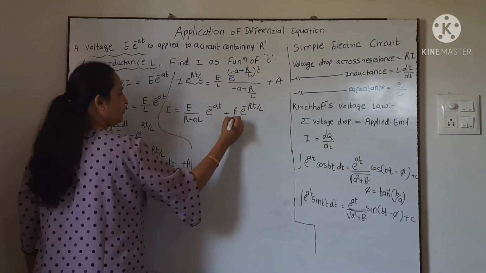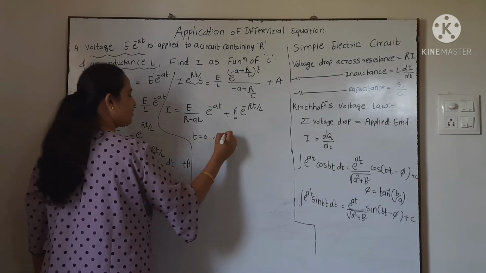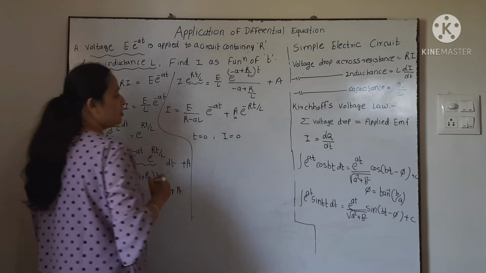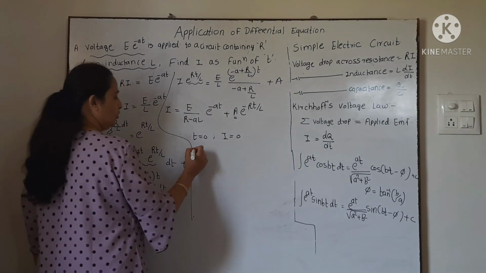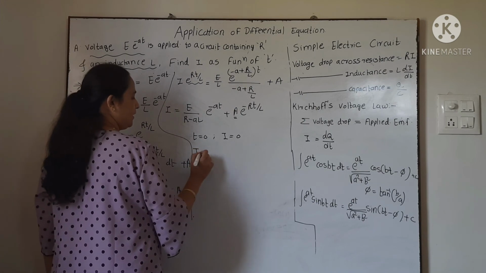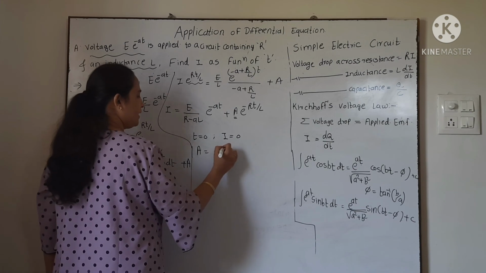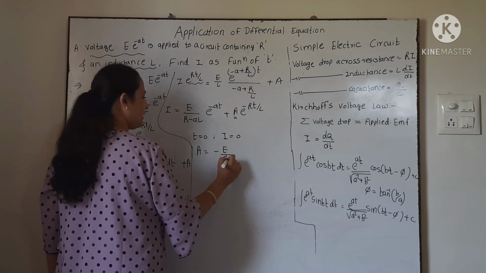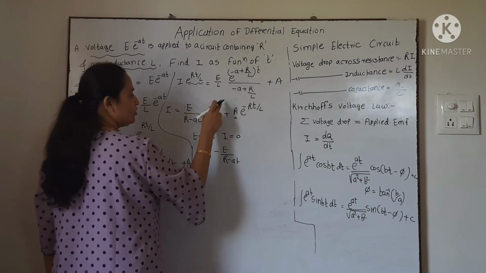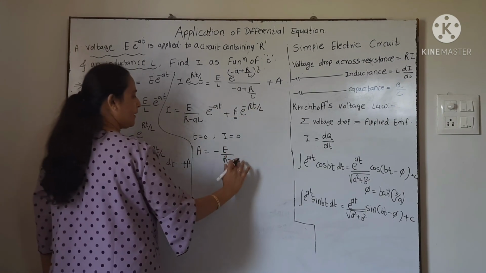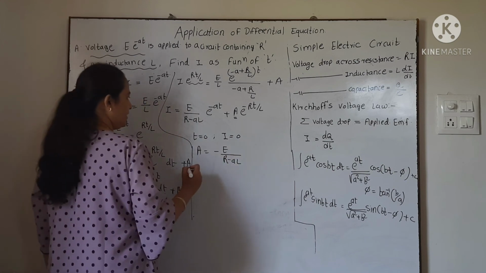Now to find the value of constant of integration, use the initial condition. Initially when t is equal to 0, we'll assume that there is no current in the circuit. Say t is equal to 0, I equal to 0. This will give you the value of A. Put here I is equal to 0. e raised to 0 is 1, and we'll get A is equal to minus E upon R minus AL.